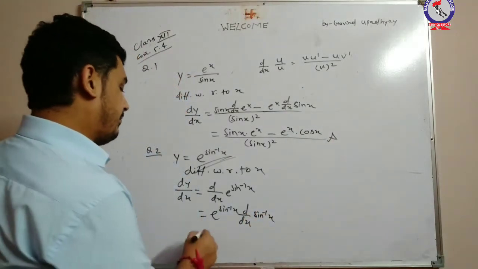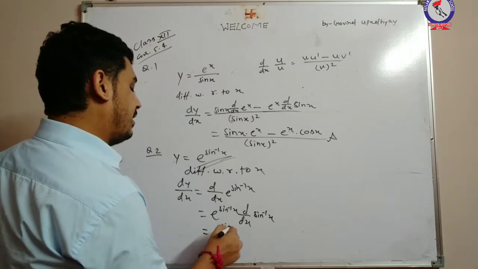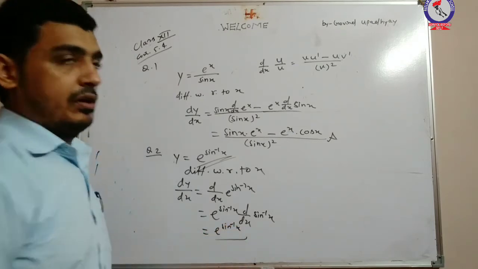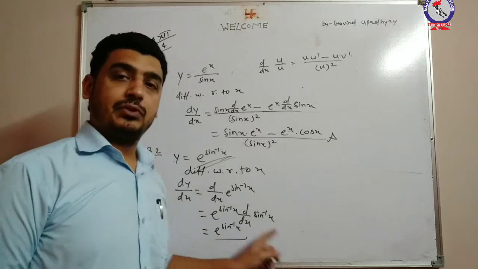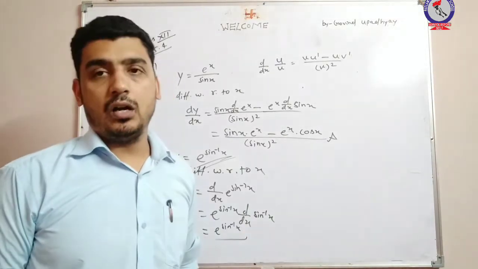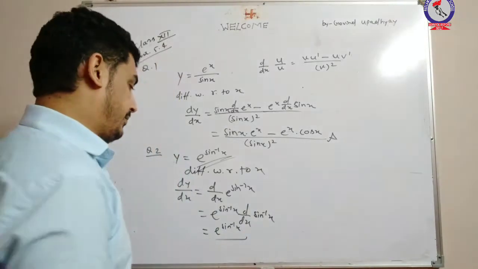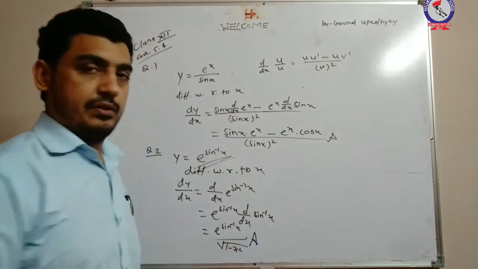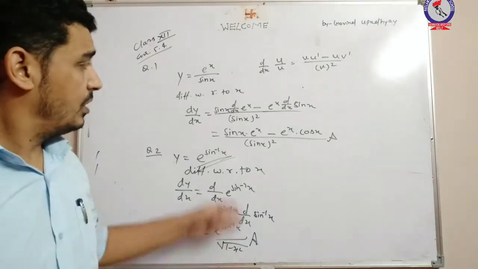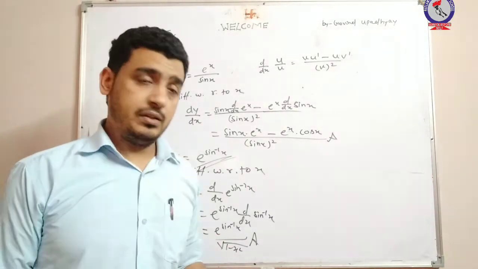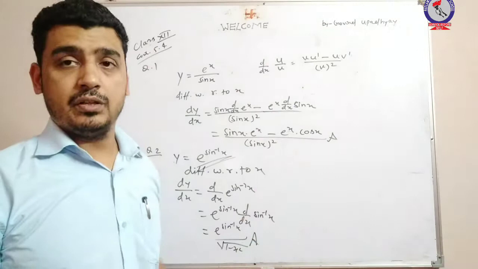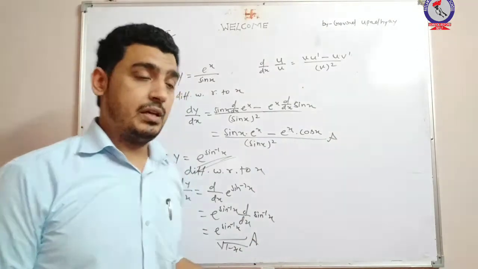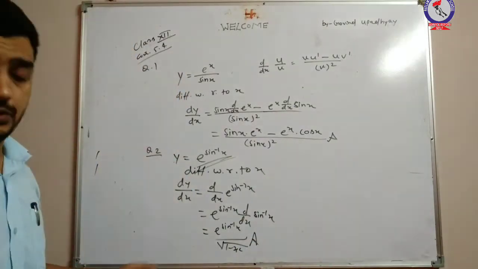So answer will be e to the power sin inverse x upon, the formula of d by dx of sin inverse x is 1 upon under root 1 minus x square. So e to the power sin inverse x upon under root 1 minus x square. This is the answer. Formula are the main thing in this question. If you have done this formula, then you can easily solve this question.